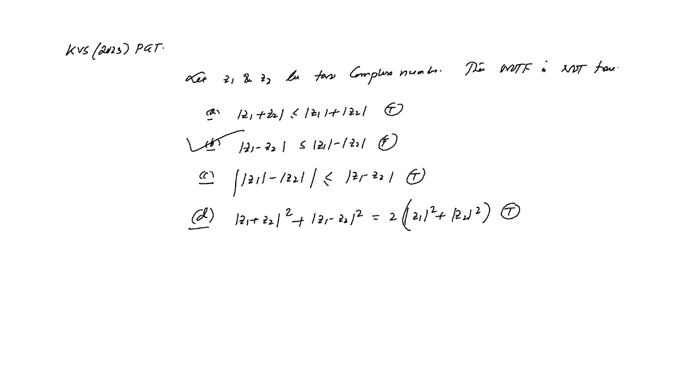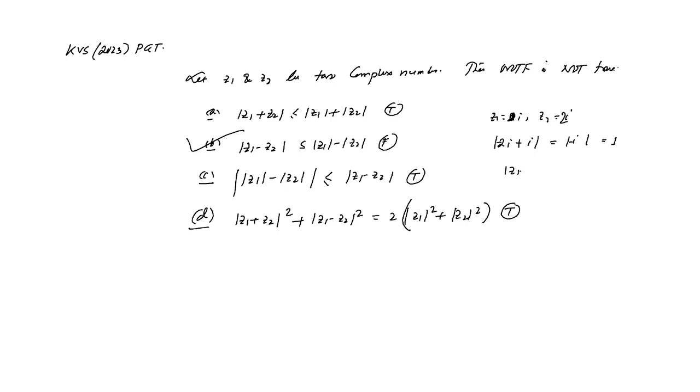You can verify by using different kinds of examples. As an example, take z1 equals I and z2 equals 2i. Then I minus 2i is minus I, and its modulus will be 1.